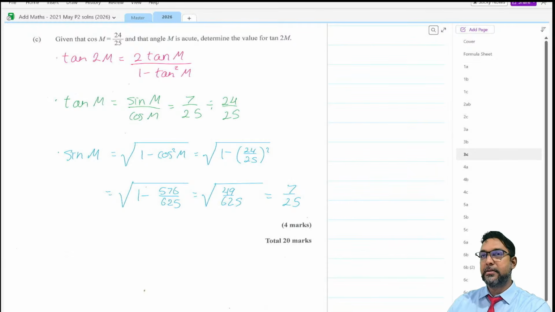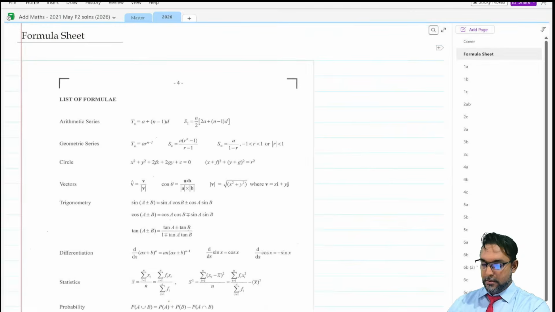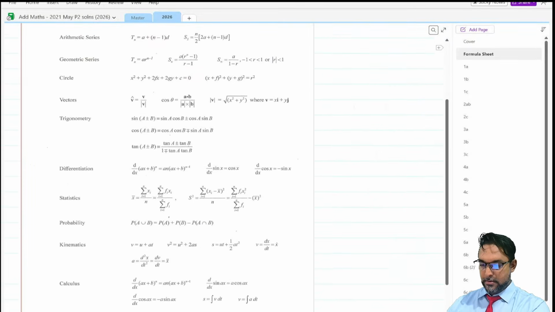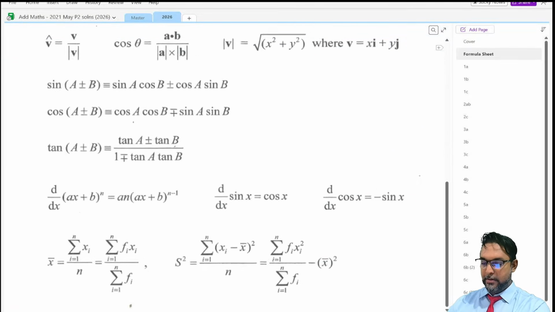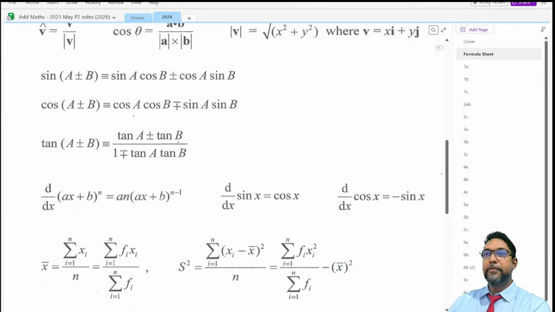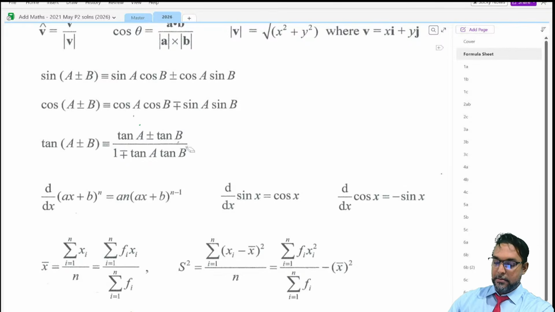Tan 2m is tan m plus tan m over 1 minus tan m by tan m. So tan m plus tan m is 2 tan m, and tan m by tan m is tan squared. They don't give proofs? This is all they gave us? Look, it's here in the formula sheet. If it's tan 2m, then 2m is m plus m. So instead of a plus b, you'd have m plus m. I just put the normal formula. That's fine, the normal formula could work.